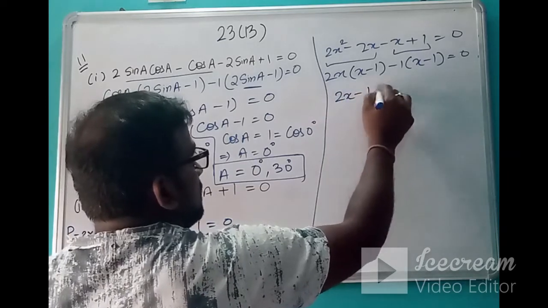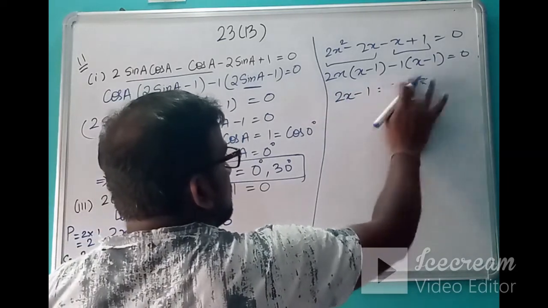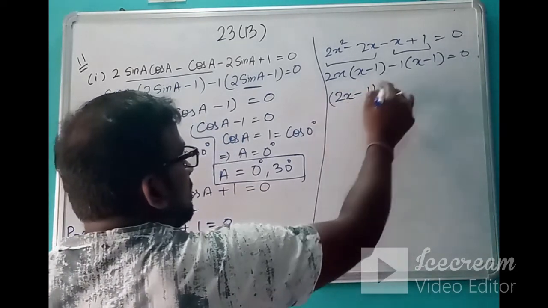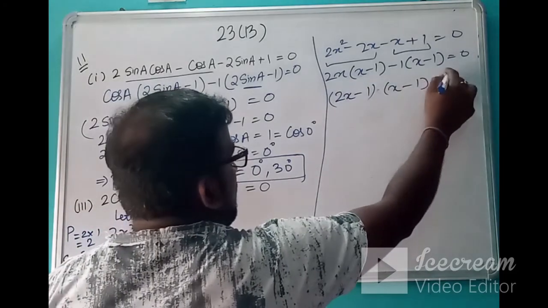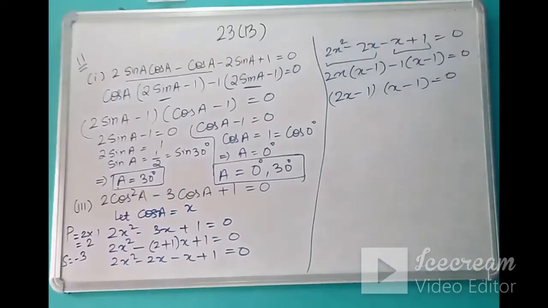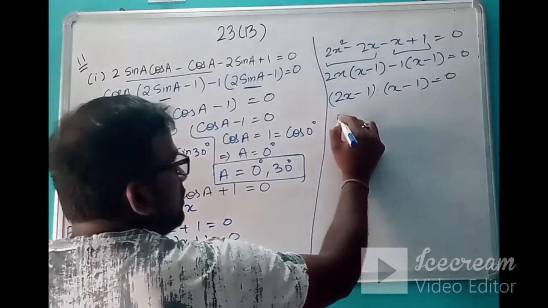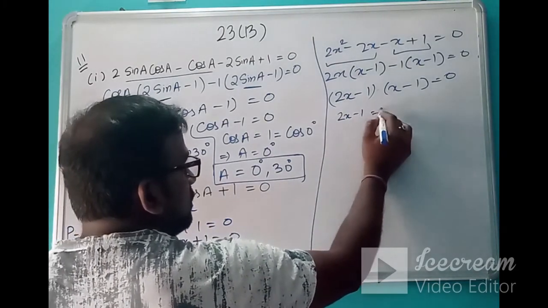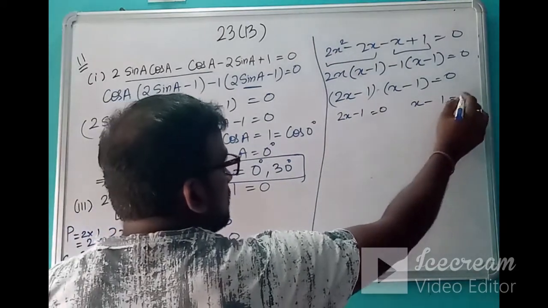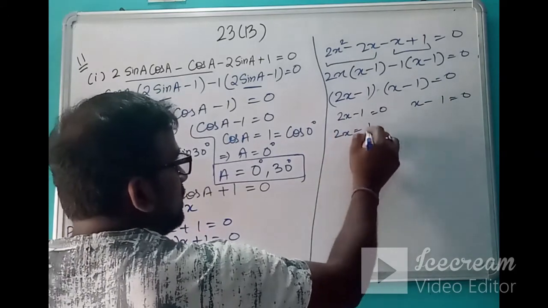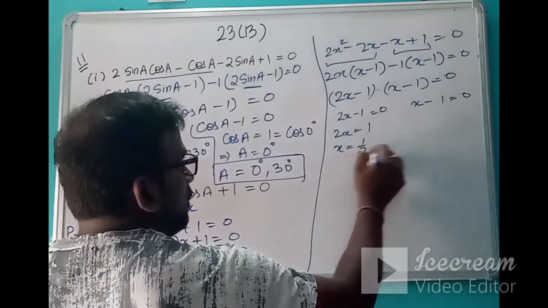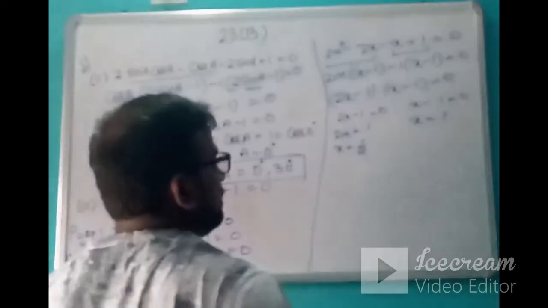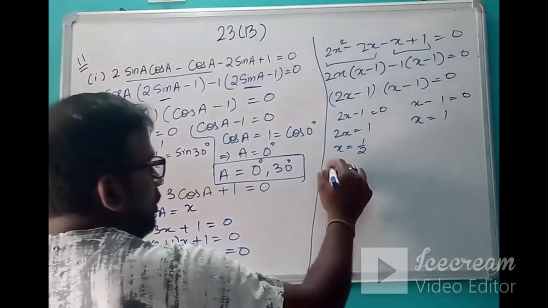So 2x minus 1 is equal to 0, and okay, finally you will get this expression. Now we will individually put the values equal to 0 like this. So from here you will get x equals 1 by 2, and from here you will get x equals 1.